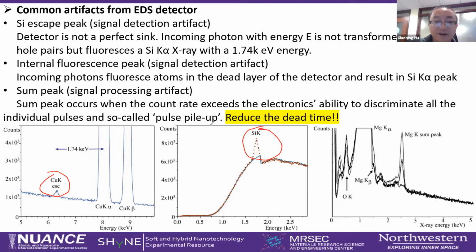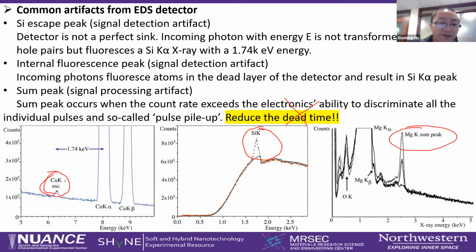And some peaks are due to signal processing artifacts. Some peaks occur when the count rate exceeds the electronics' ability to discriminate all the induced pulses, the so-called pulse pile-up. I mean, this is related to dead time. You can see some sum peaks, in this case maybe two peaks.